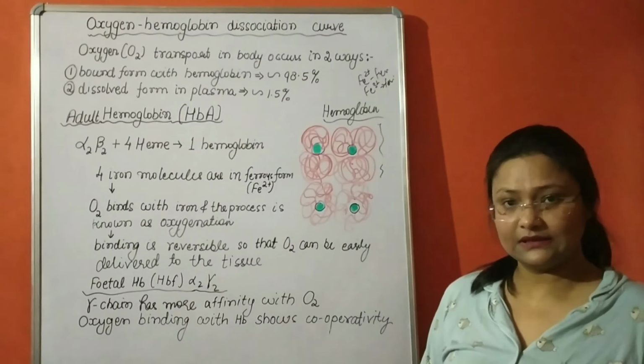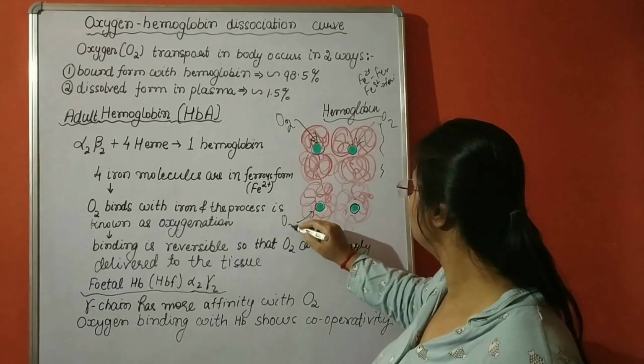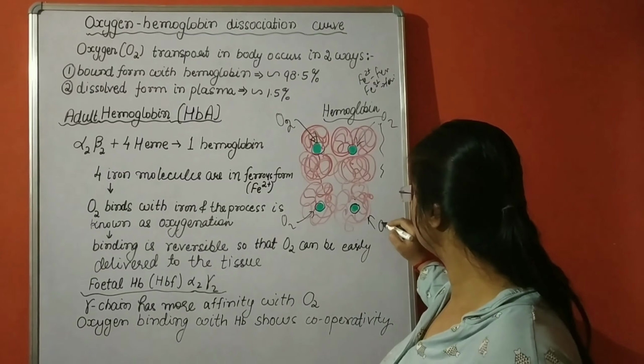One O2, second O2, then third O2, then fourth O2. Once one oxygen molecule binds to hemoglobin, the binding of another O2 molecule is easier than the first one, because the bound O2 helps another O2 molecule to bind with hemoglobin. This phenomenon is known as cooperativity.